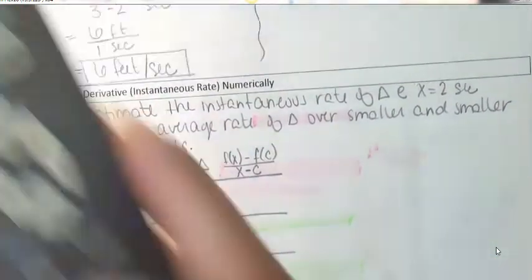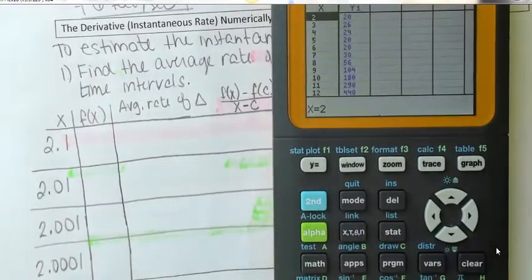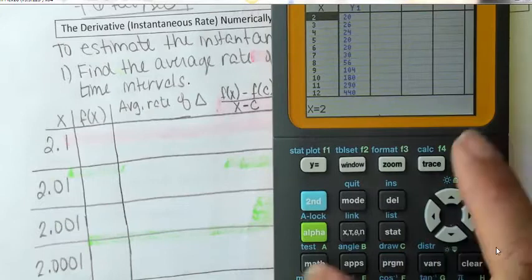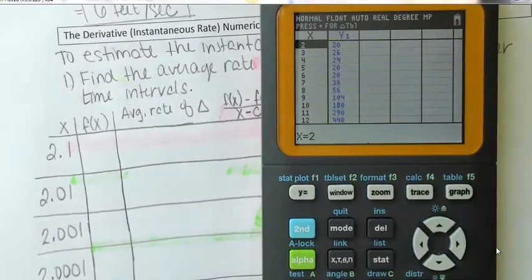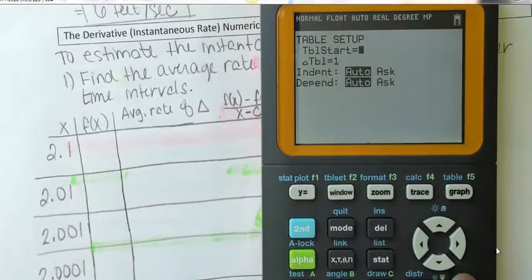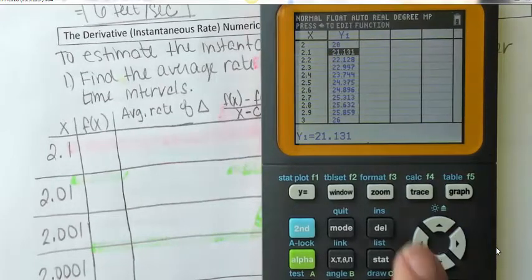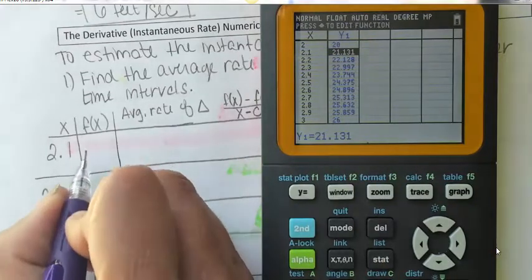So I already have my function in my calculator, right? Because we're just modeling the bird. But notice that my table of values isn't very helpful to me. It's starting at 2, and now I'm going to have to say, well, could you please increase by 0.1? And every time I do this, I'm going to get a little bit more exact number.